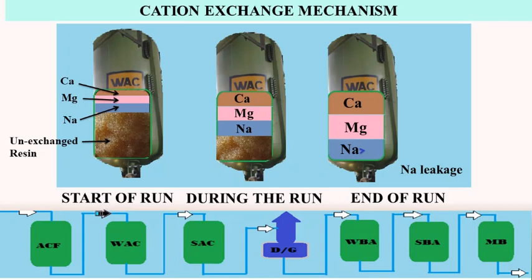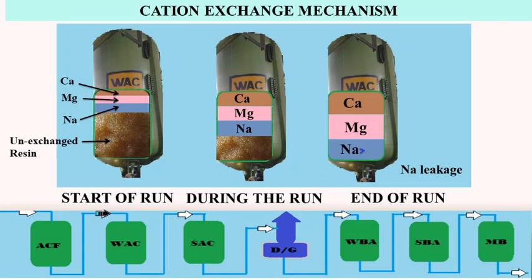Now these resins are used primarily for softening and de-alkalization of high hardness, high alkalinity water, and they are always used in conjunction with a strong acid cation sodium cycle polishing system, so that final results are as per control limits.